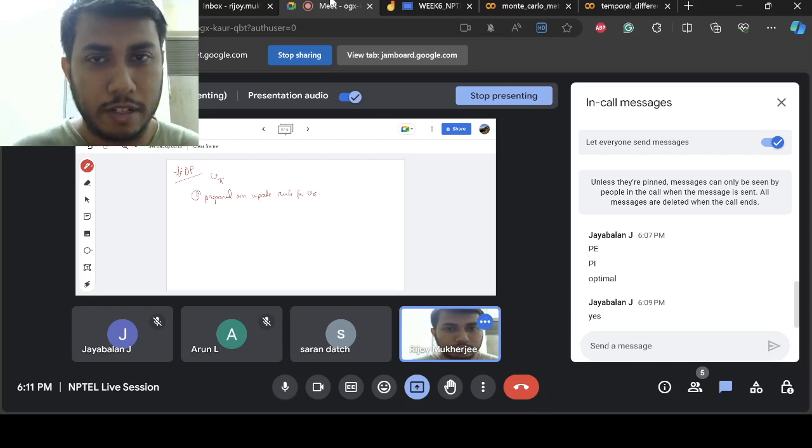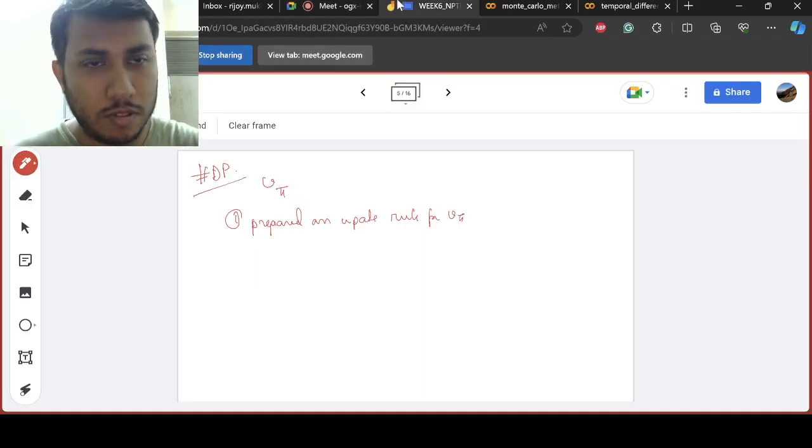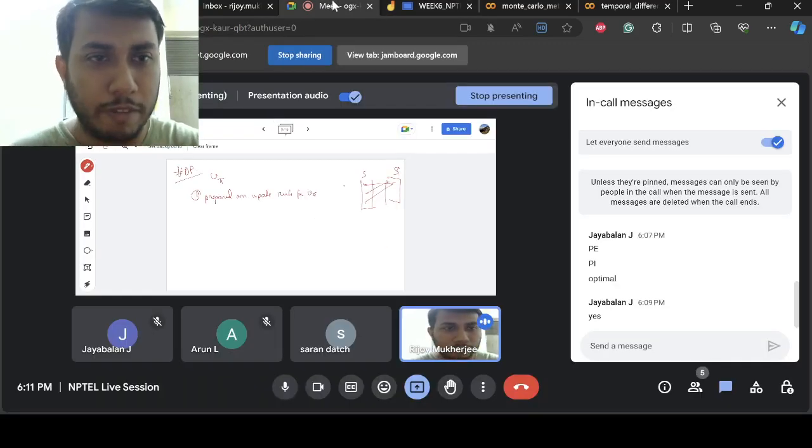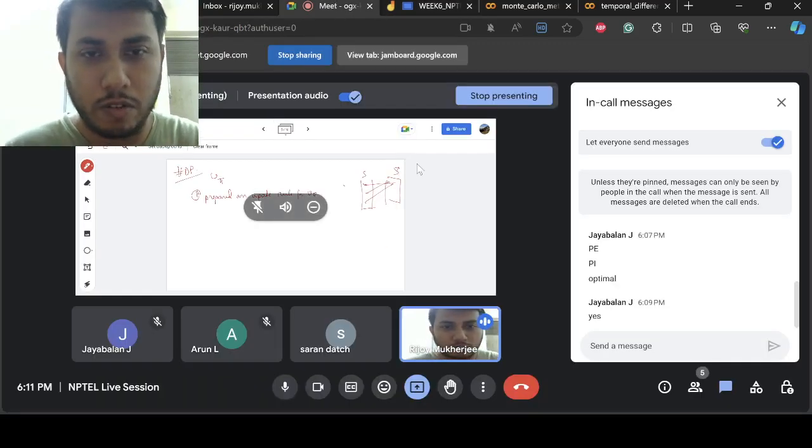So the tabular approach. So this one is your S and this one is your S dash, and you are updating S dash states values from your previous values, right? That is what we are doing. So prepare an update rule for v pi.